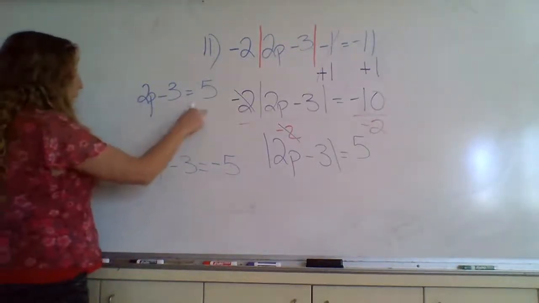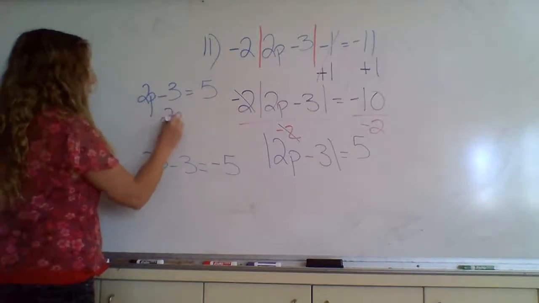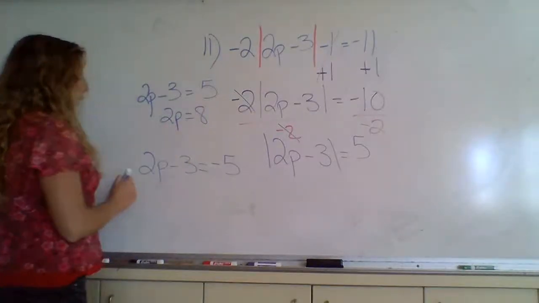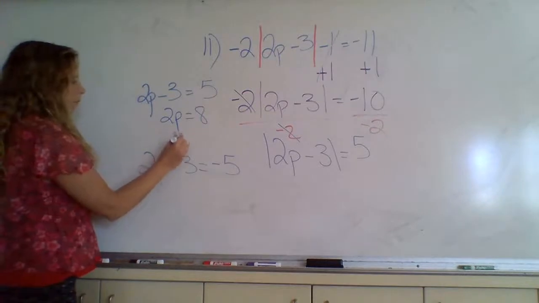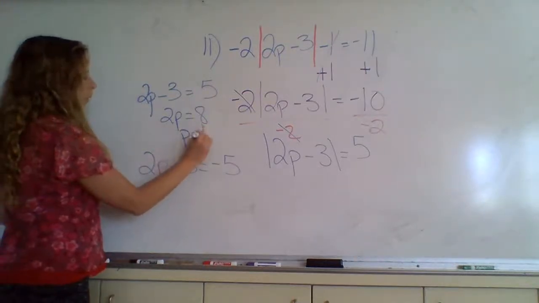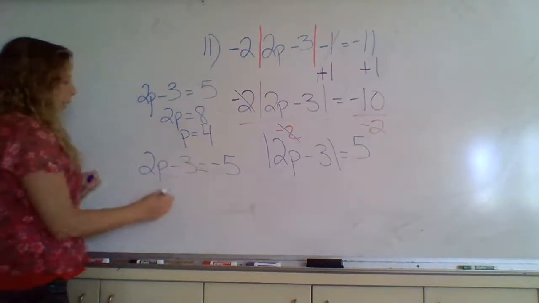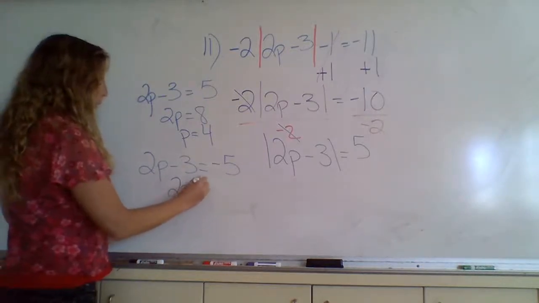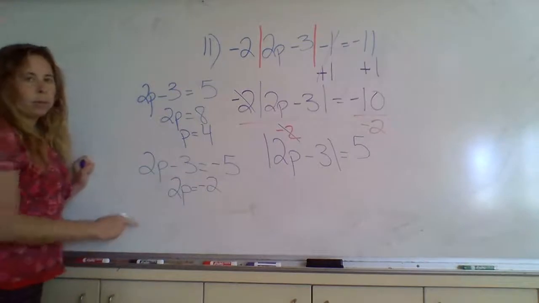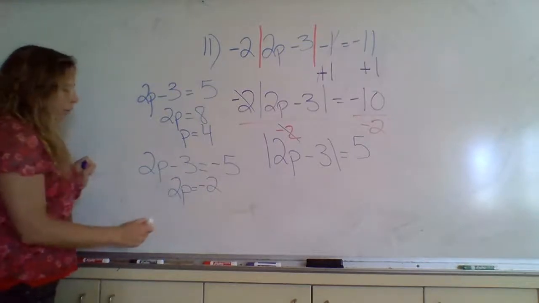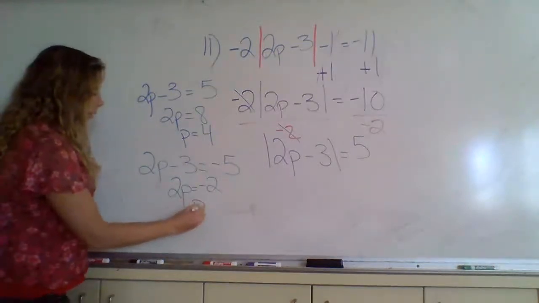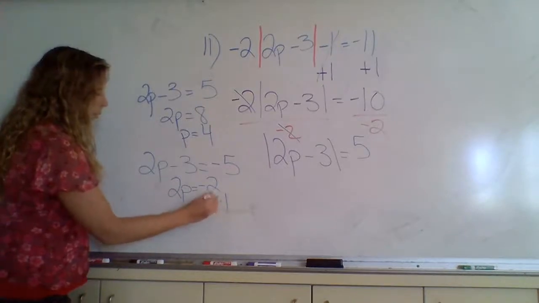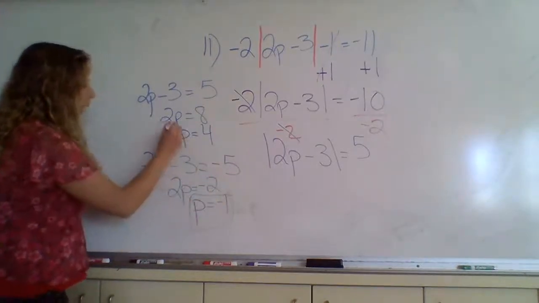So I would add 3 to both sides. So this one is p equals 4. Down here, same thing, add 3 to both sides. You get 2p equals negative 2, and so p equals negative 1. So your answers are negative 1 and 4.